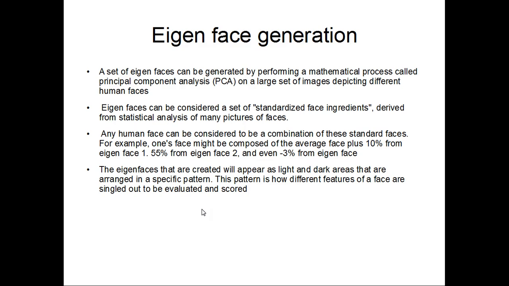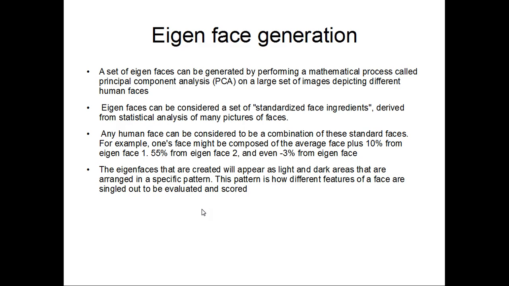Eigenfaces can also be considered as a set of standardized face ingredients derived from statistical analysis of many pictures of faces. Any human face can be considered to be a combination of the standard faces. For example, one's face might be composed of the average face plus 10%, which generally means the degree by which a person's face varies from one of the standard faces utilized in the training set.